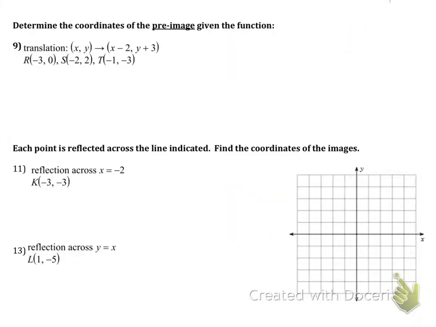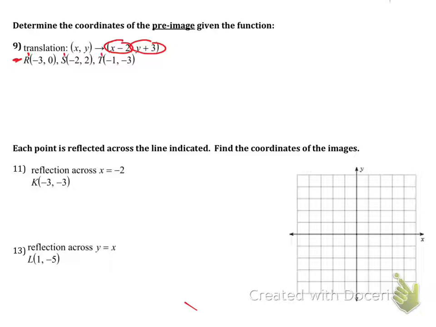Determine the coordinates of the pre-image given the function. So the translation. Okay, so all we need to do here is that. The thing that's wrong here is that these are supposed to have prime symbols on them. So this right here is the image. What we need to do is find the pre-image. So we need to do the opposite of this, okay? And that's for each one of these.